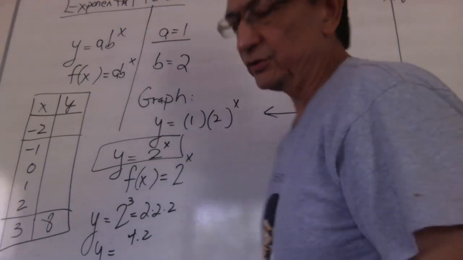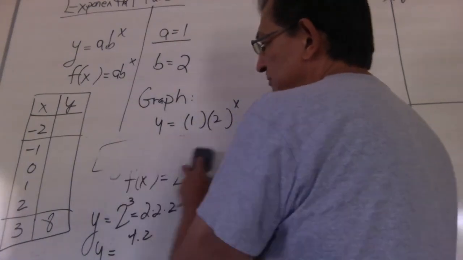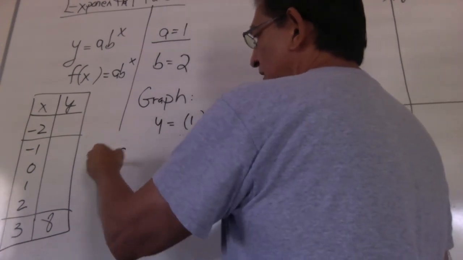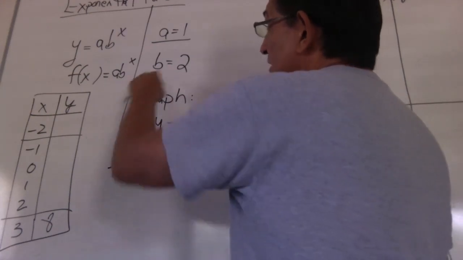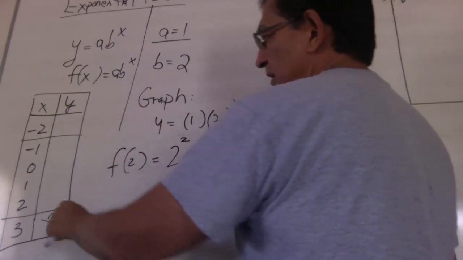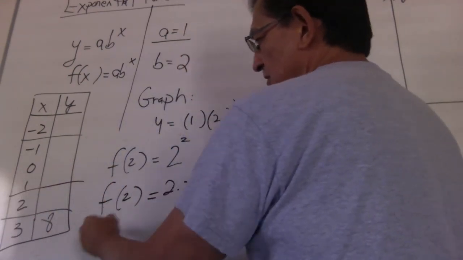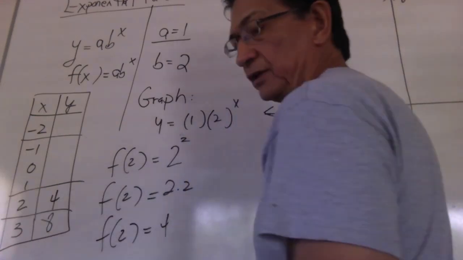Okay, so let's do the next one here. I'm going to erase this to give myself some room. Okay, so the next one, f of 2, is equal to 2 to the 2 power. So f of 2 is equal to 2 times 2. So f of 2 is 4. So that's 4 here.